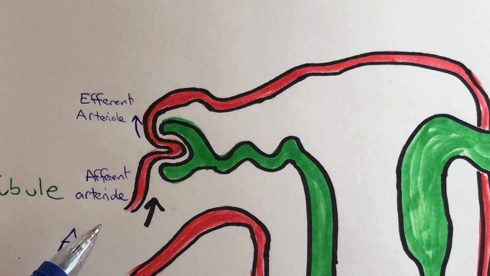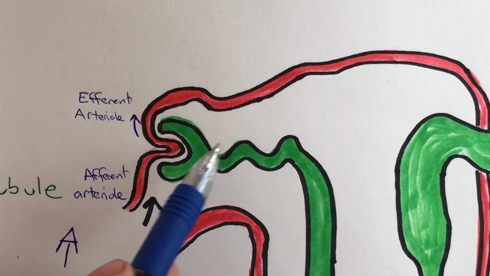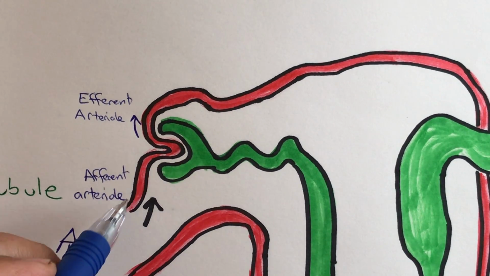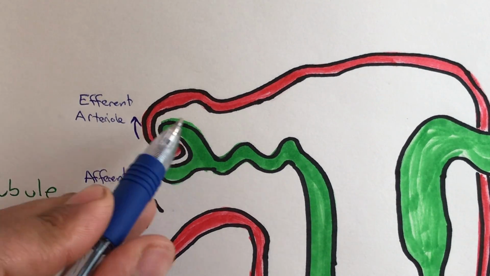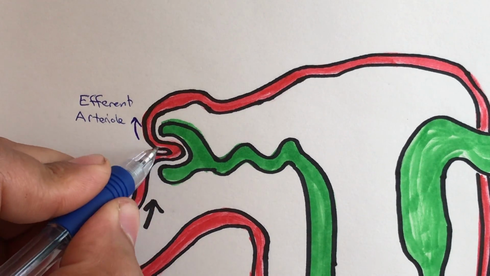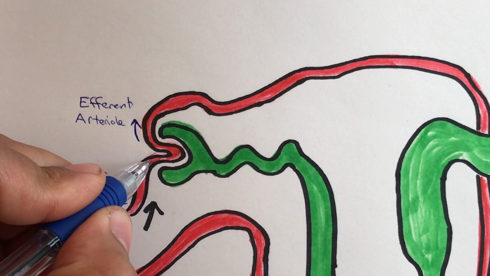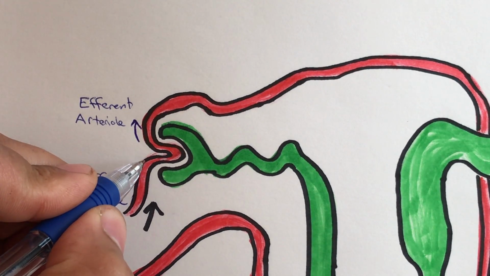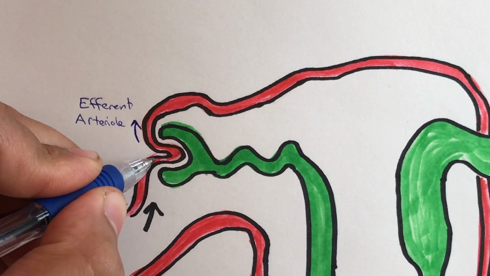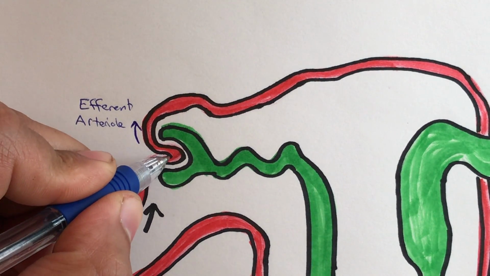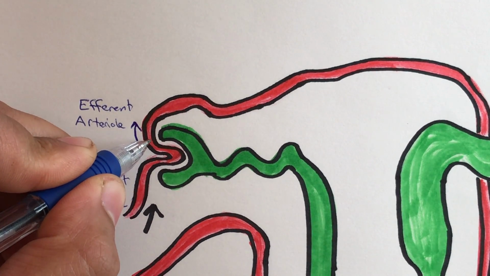Our blood that is coming from the heart is going into the kidneys, eventually into the nephron. The blood, this arteriole, enters the renal corpuscle into this little region, if you remember, of capillaries called the glomerulus. And actually I didn't draw this totally correctly. This going in is actually a little bit thinner than this coming out. This is thicker and this is thinner.